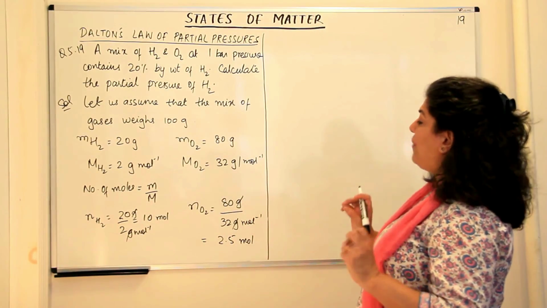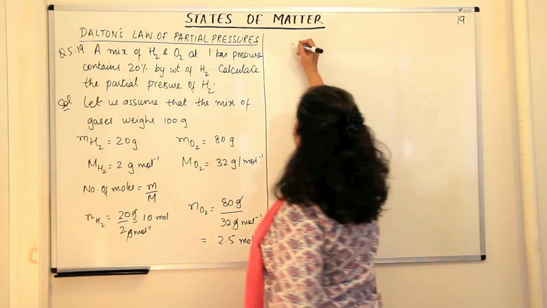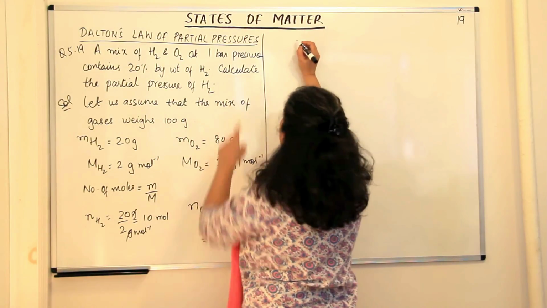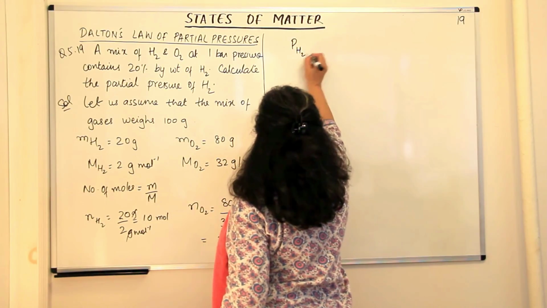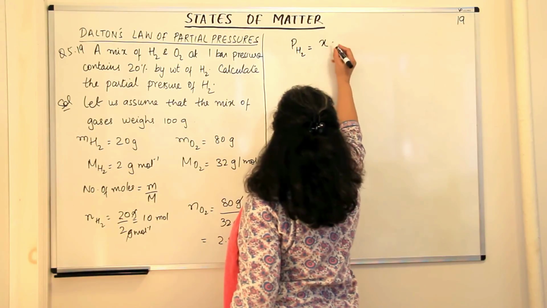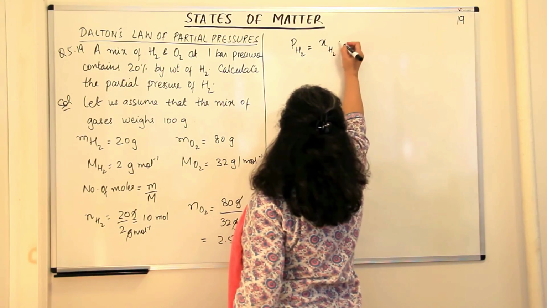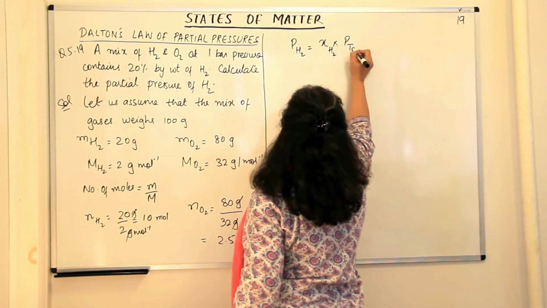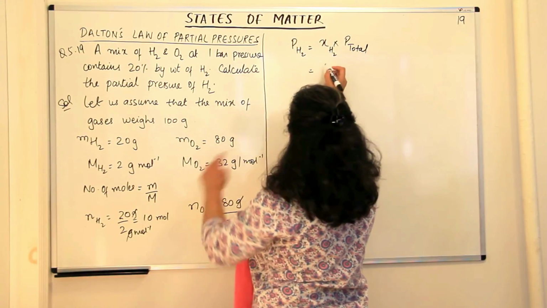Now you have the moles of both the gases, and you have to find out the partial pressure of only hydrogen. So what is the partial pressure of hydrogen? Partial pressure of hydrogen would be mole fraction of hydrogen into P total. Let us calculate the mole fraction of hydrogen.